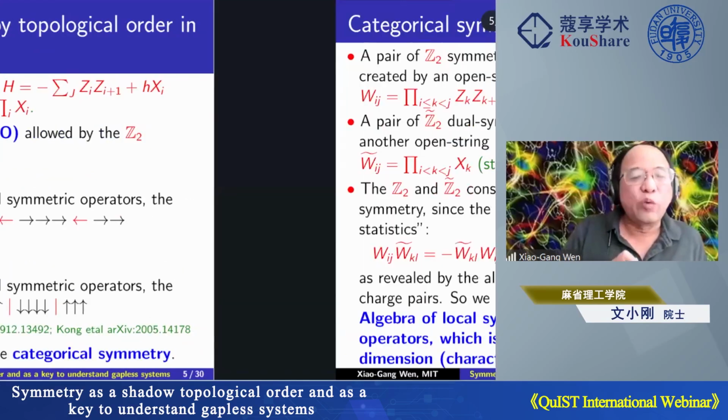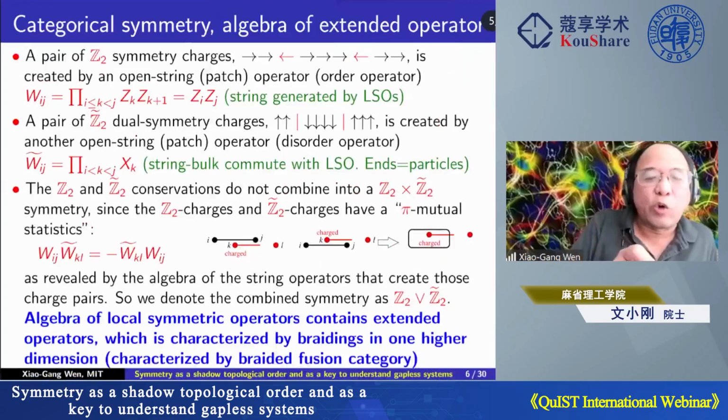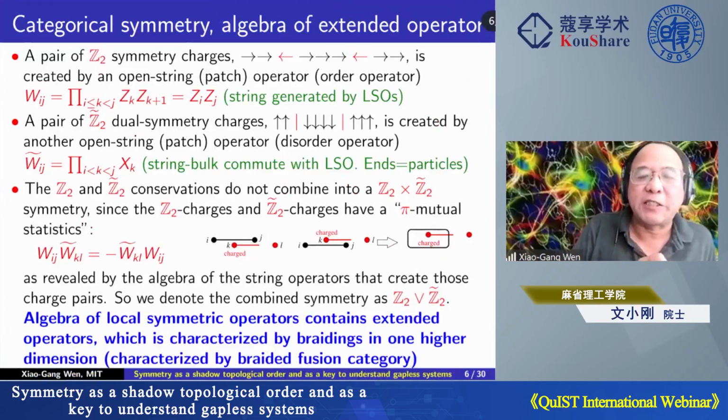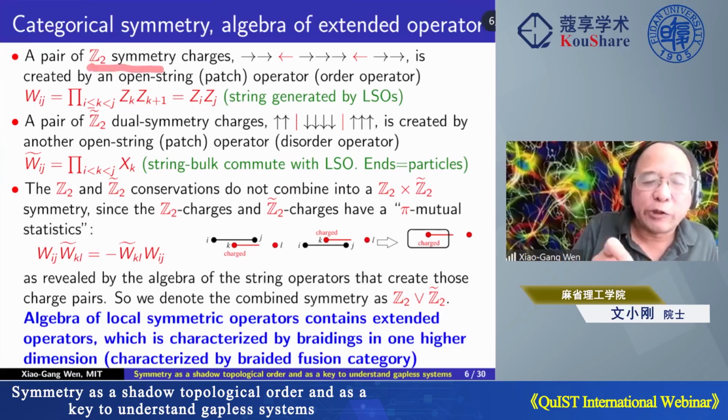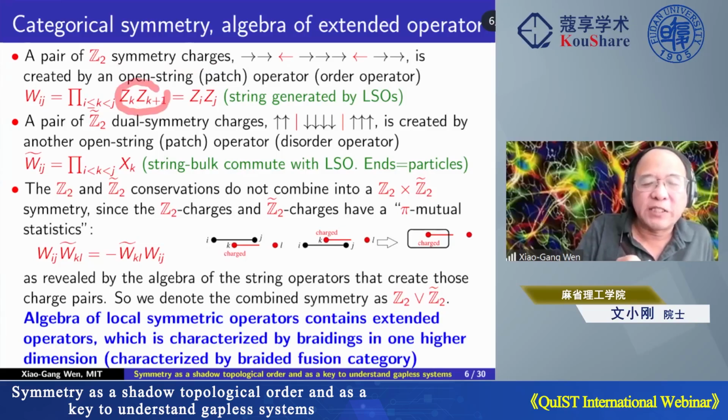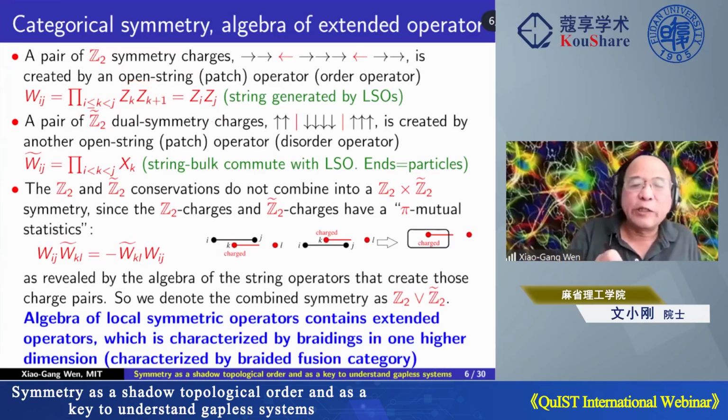Here we will consider a pair creation operator of the symmetry charge. You can see that a pair creation operator of symmetry charge is actually a string operator. We can multiply this ZZ operator on neighboring sites together to obtain a Z_i Z_j operator, where i and j can be far away. This sort of operator creates two left spins, so it creates a pair of Z2 charges.